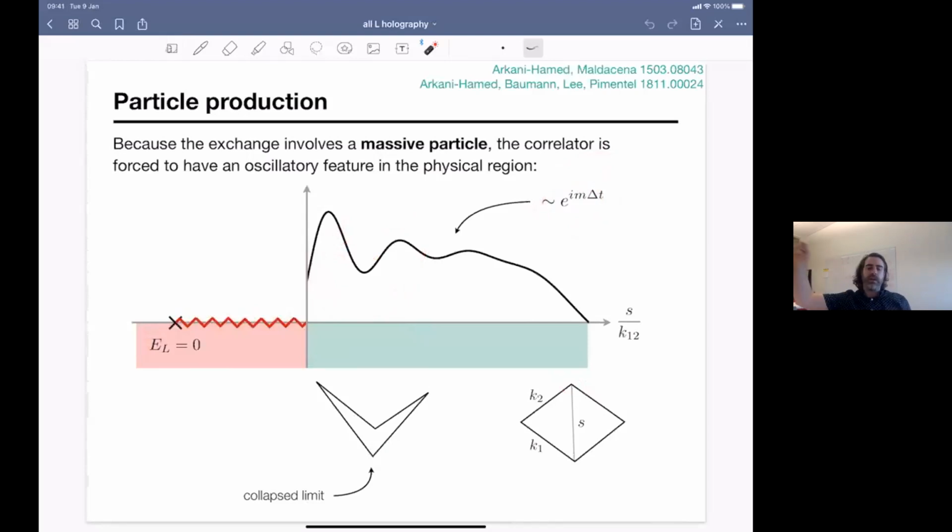And so as a function of the time delay, you see this oscillation imprinted in the correlation. And so this is an interesting piece of physics: if you were able to measure this correlation function in the CMB, by looking at the phase of this oscillation, you could extract the mass of the exchanged particle. So you could really do some kind of spectroscopy on these objects.